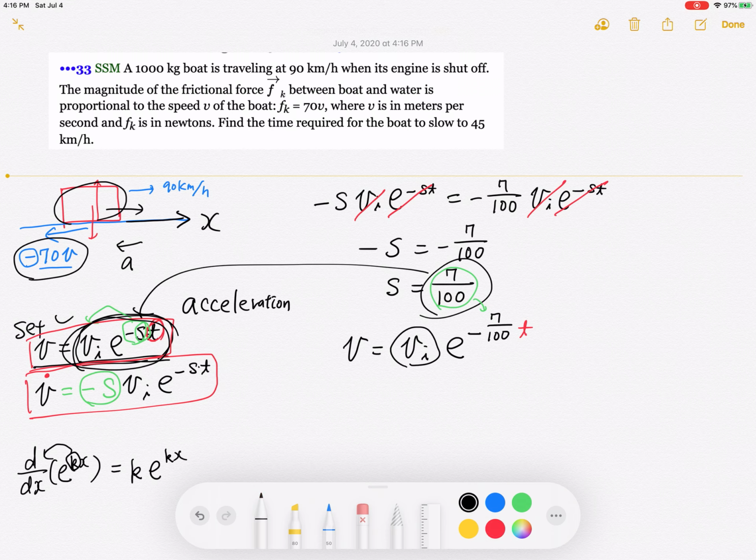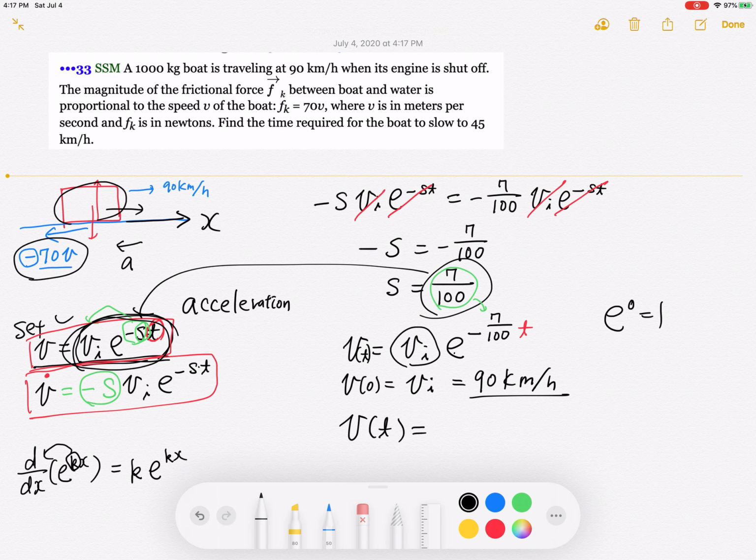And we know when t was 0, you put 0 in here, then what happens? E to the 0th power is 1, right? So it's Vi, and that was 90 kilometers per hour initially. So initial velocity 90.